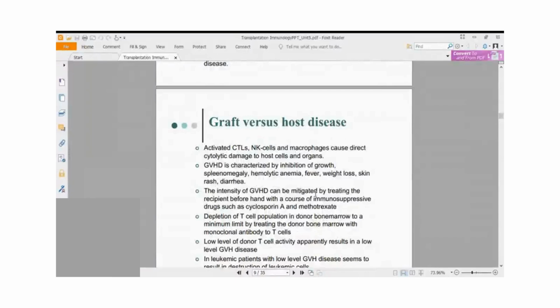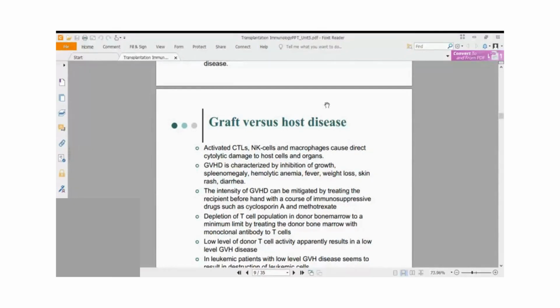It won't be violent. Whatever reaction I explained to you earlier, if you don't take these precautions, that is the reaction going to take place, and the transplantation of the bone marrow will damage the individual, and the individual will be gone. To prevent that, precautions are taken, immunosuppressive drugs are administered, and T cells are minimized in the bone marrow by treatment with monoclonal antibodies.